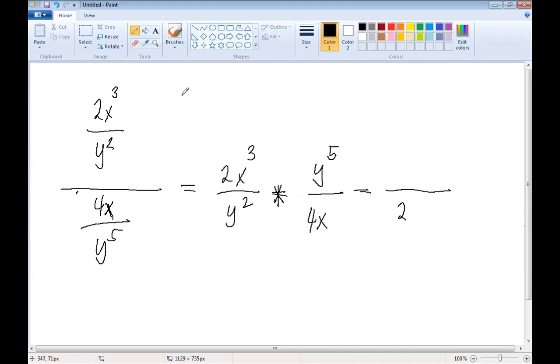Remember that when you divide, you have to subtract the exponents: a to the m divided by a to the n gives a to the m minus n. So here we will get x squared, and y to the power of 5 divided by y squared gives y to the power of 3, or y cubed. This is our final answer, because we cannot simplify it any further. Okay? Understand?